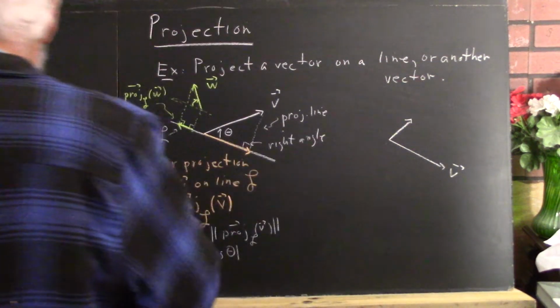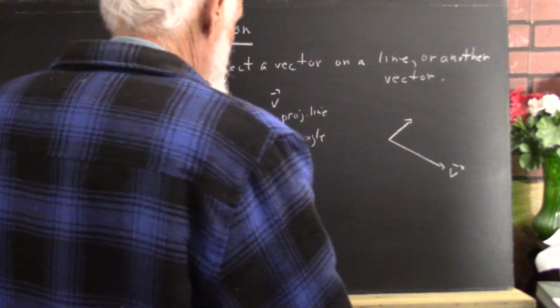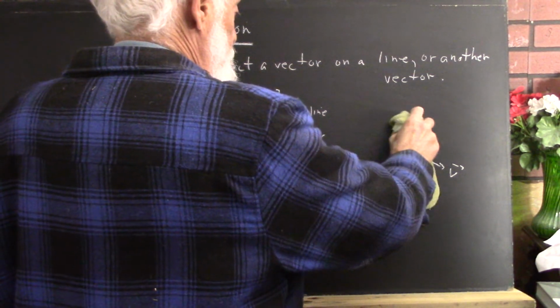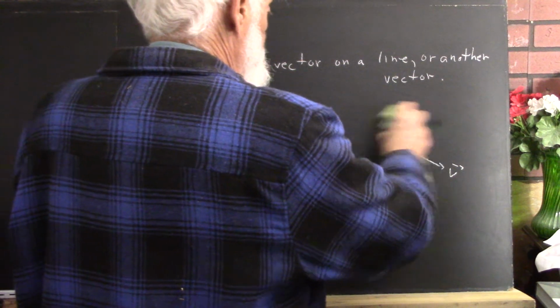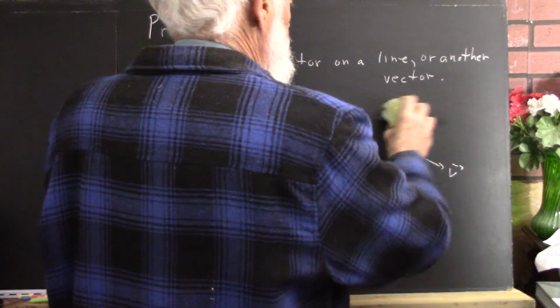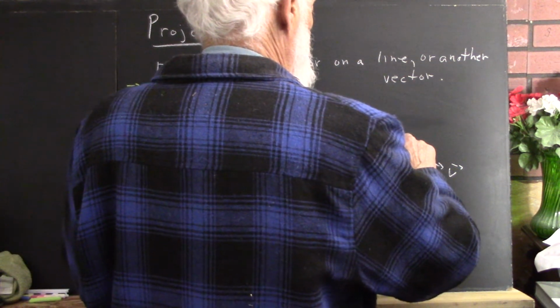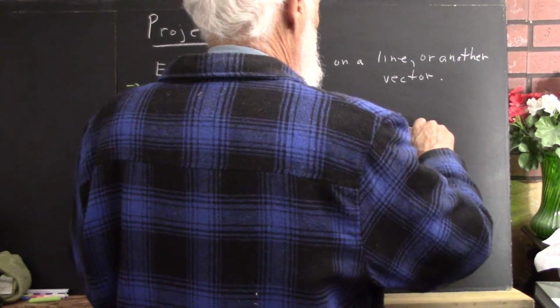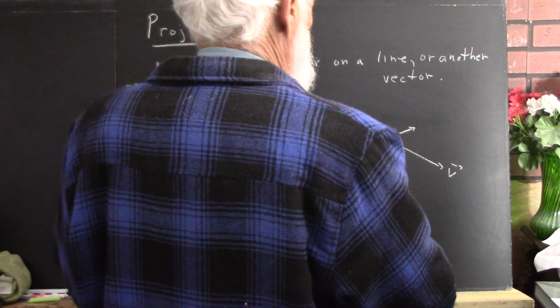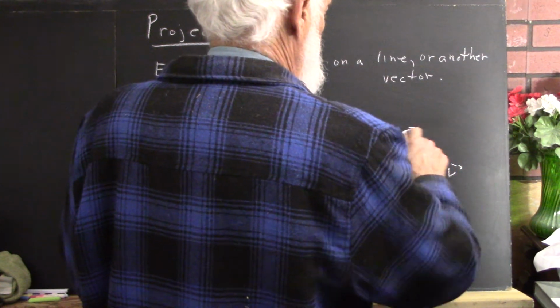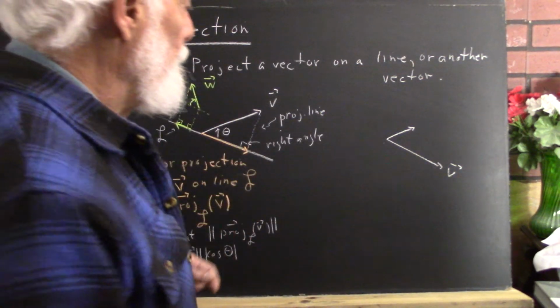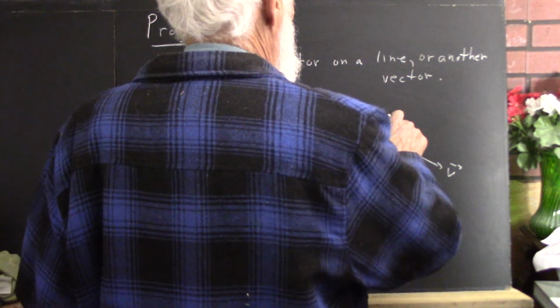I don't think I really want to have that direction for the vector w. That angle's too close to a right angle, and that might cause a little confusion. So let me rethink that and put the vector w about here. There's still something I don't like about that, but it's okay. All right, so this is a vector w.